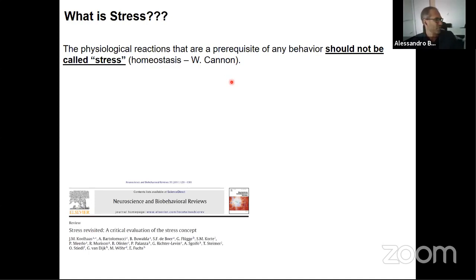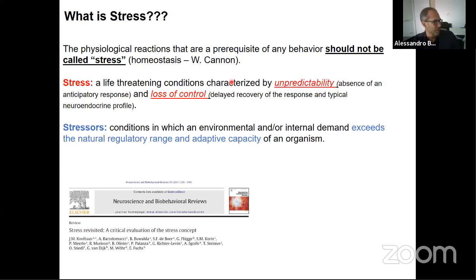And a couple of years ago, we wrote a review to create a revised terminology. And rather than using this broad terminology, leave this to physiological homeostasis and not call this physiological adaptation stress. If this is not stress, then what we suggest is that stress should be reserved essentially for potentially life-threatening conditions, which are characterized, based on a number of data, by unpredictability and loss of control.